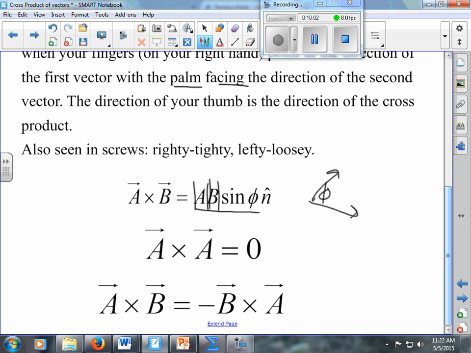Now, remember in the dot product, it was the same thing, except that was a cosine, not a sine. And it's times the unit vector n pointing in the direction of the right-hand rule. So this makes it still a vector. But this is the magnitude of A cross B. If you take a vector and cross it with itself, then you get the zero vector. And we already just talked about this one, that A cross B is in the opposite direction of B cross A. And we are finished.